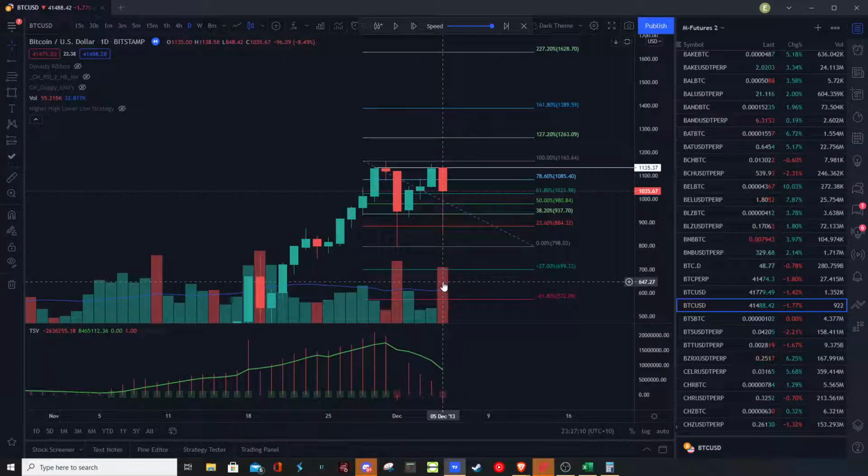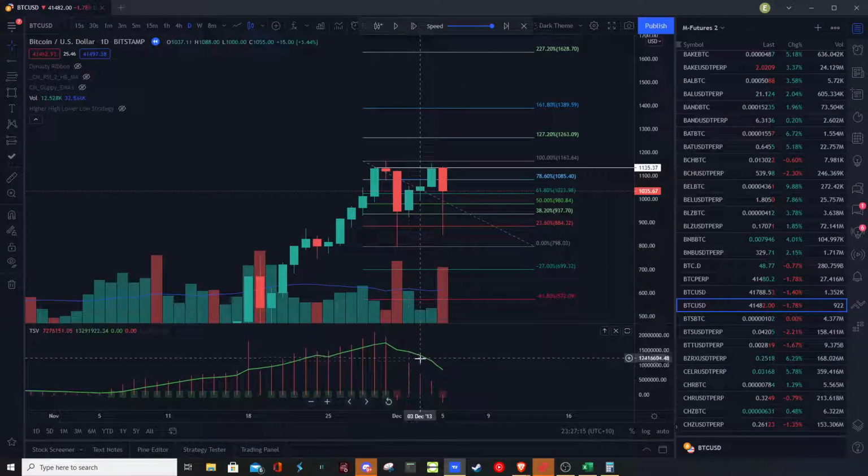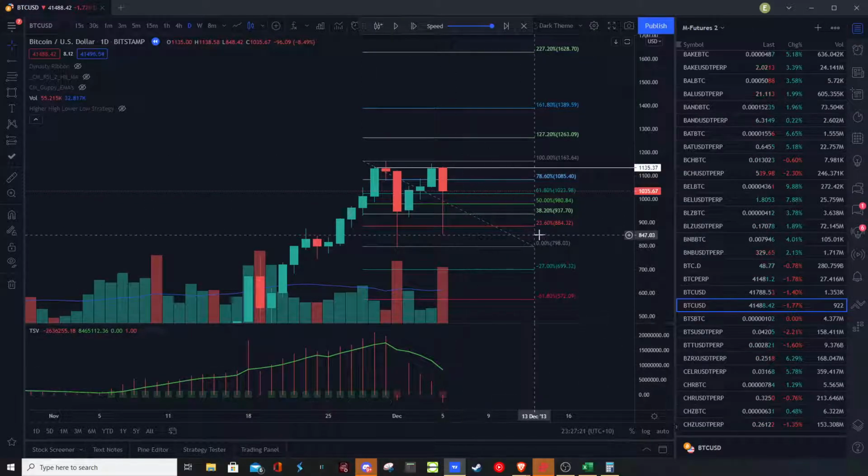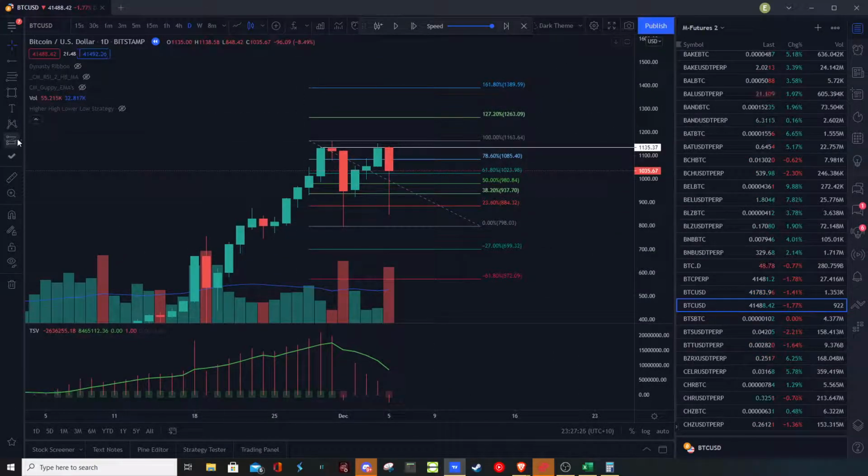Once again, bearish volume here. The average of the TSV is moving down, so we've also had volume starting to break into negative territory. So probably go for a short position if I can.